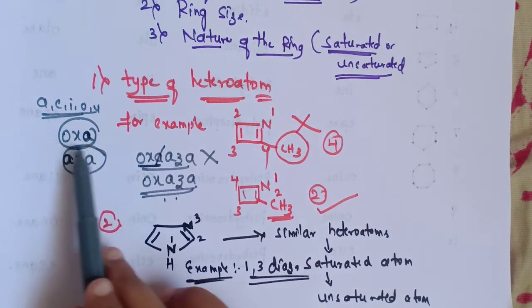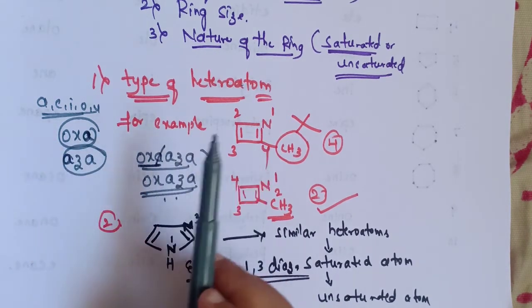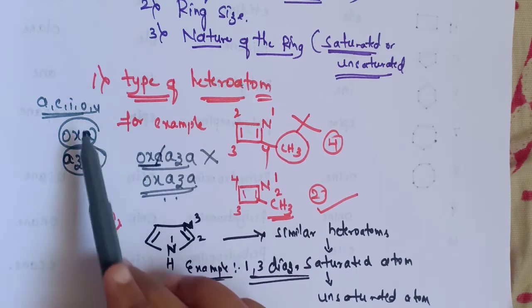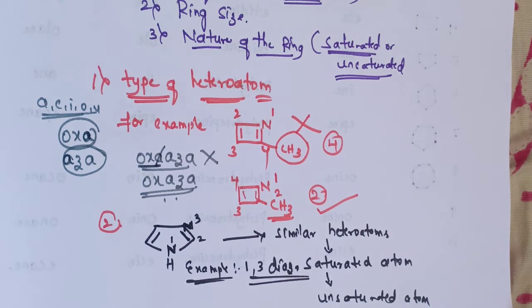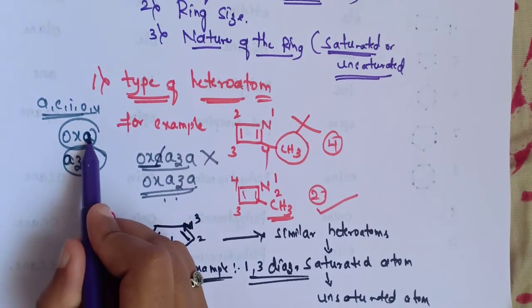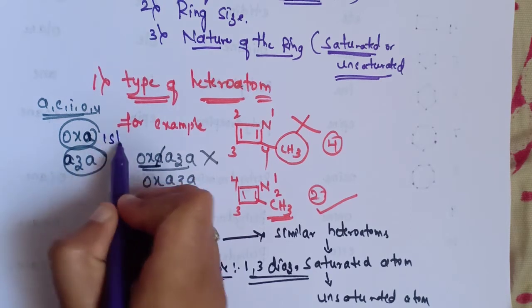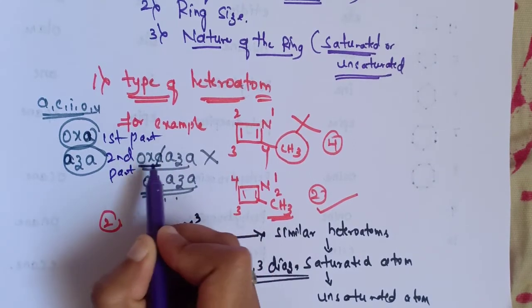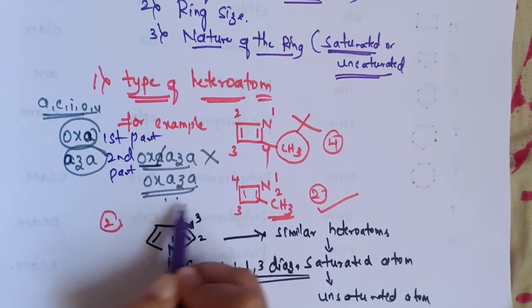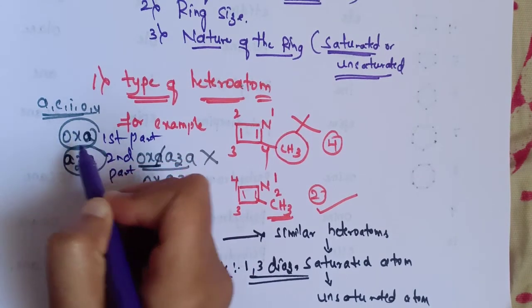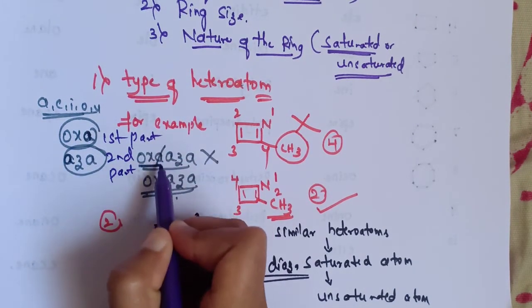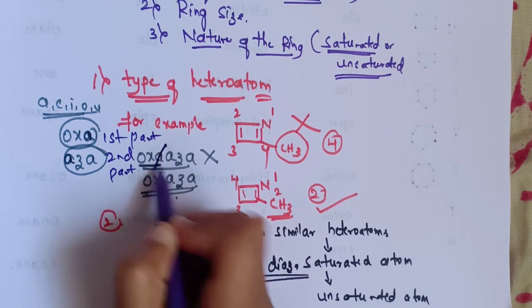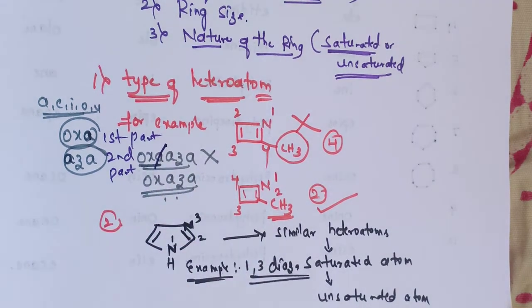If two different types of heteroatoms are present, it is oxa and aza, both having vowel A. This is the first part and this is the second part. So while writing we should not write oxa-aza, we should write oxaza by eliminating the last letter of the first part. Here the last letter of the first part is A, so eliminate it and write oxaza. This is while combining the prefixes when more than one type of heteroatom is present.